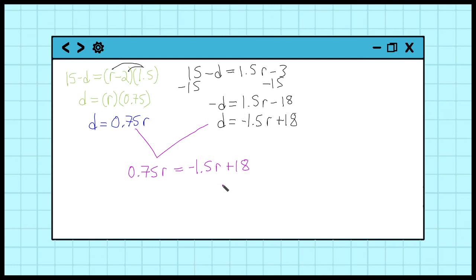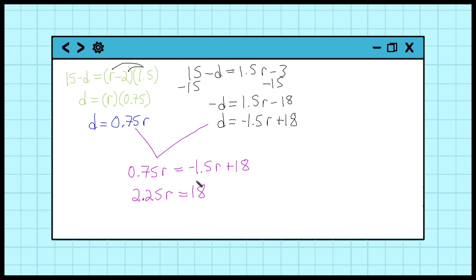Now I'm going to be able to solve for r. I'm going to add 1.5r over to this side, and that gives me 2.25r equals 18. And remember, this could be done in decimals or fractions, depending on what problem you're given and what the context is. So either way is fine.